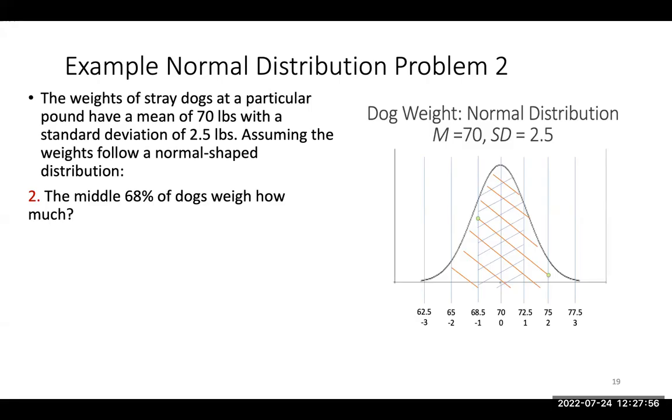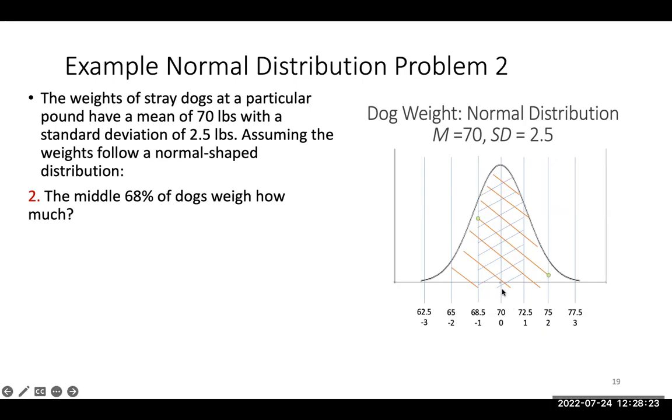So again, if you marked off, like I said you should, where the mean is 70, and then the values of 1, 2, and 3 standard deviations below, and 1, 2, and 3 standard deviations above, you can use this information to indicate how much the middle 68% weigh. So remember, middle 68% is within 1 standard deviation of the mean.